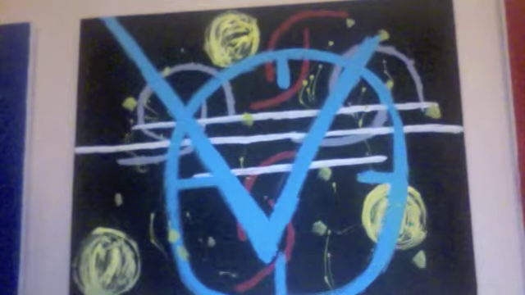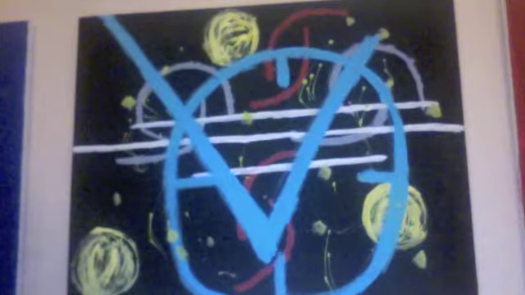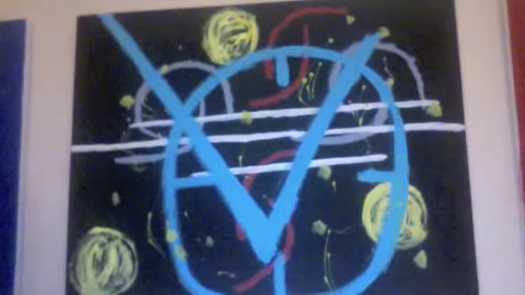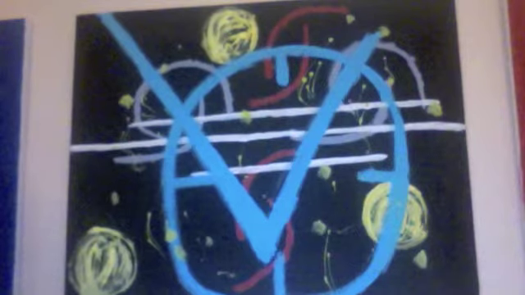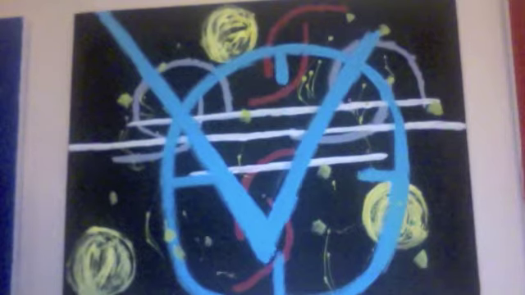This second painting is meant to resemble the second step in the planetary exchange. The black is meant to symbolize space. The yellow circles are meant to portray the stars found in space. And all the other elements are meant to symbolize the different challenges faced by microbes in the space transit.